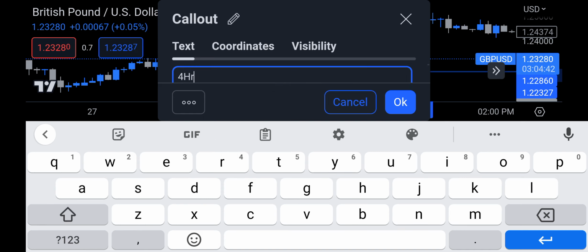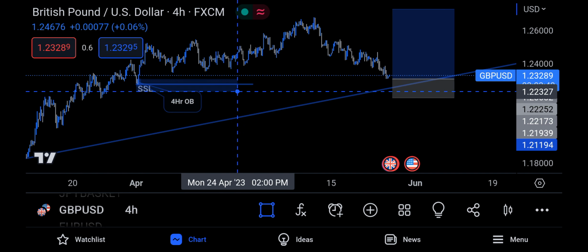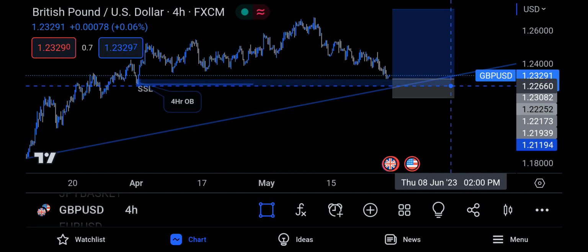And it has even reacted very well. Okay, price has reacted to the order block.